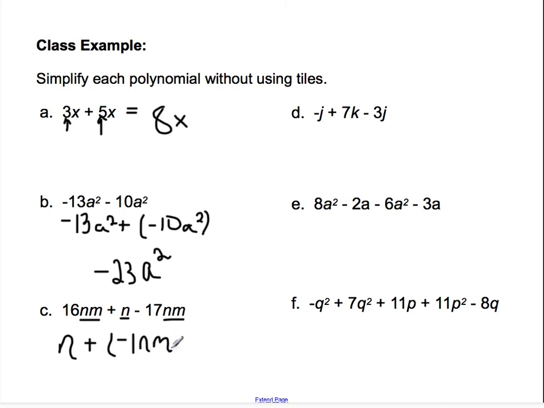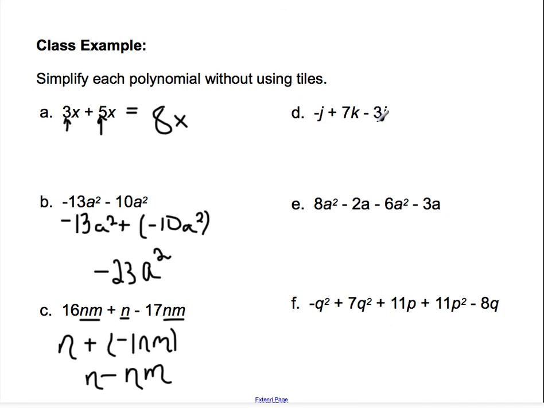Now again, remember I said on your exams, you're never going to have a plus negative. So really, you will see N minus NM, and they won't put the ones in there either. The ones will disappear as well.